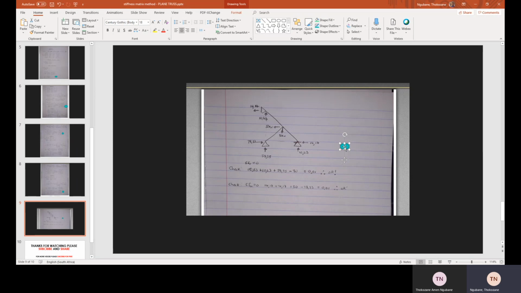Forces going to the left must be equal to the forces going to the right. Forces going upward must be equal to the forces going downward. Okay, let's check if we calculated our forces correctly.